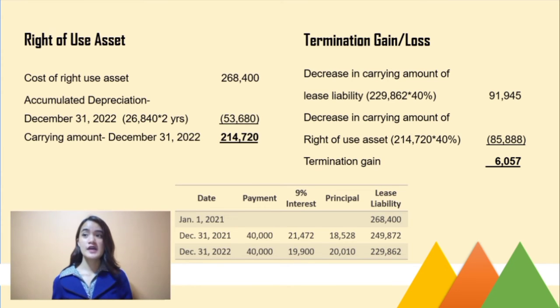Paano natin siya nakuha? Yung carrying amount ng ROU natin, multiply natin sa kanya yung decrease ulit sa scope, which is 40%. We will get 6,057 pesos. And since mas mataas yung ibinaba ng carrying amount ng lease liability kumpara sa ibinaba ng carrying amount ng ROU natin, it is a termination gain.